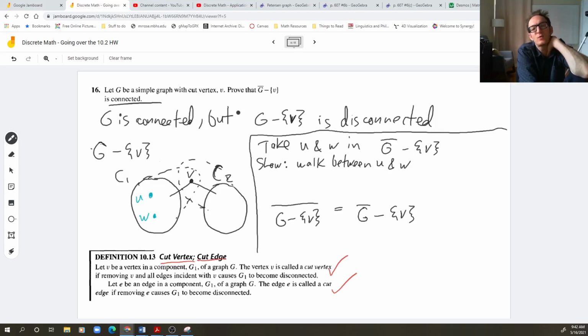And so, either way, when you remove vertex V, it doesn't matter whether you remove it at the beginning or at the end. By removing it, you remove all the edges incident with it. And so this just is true.